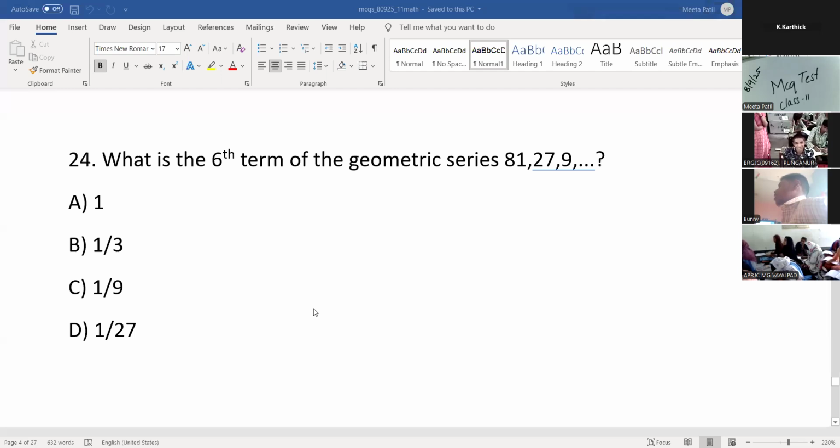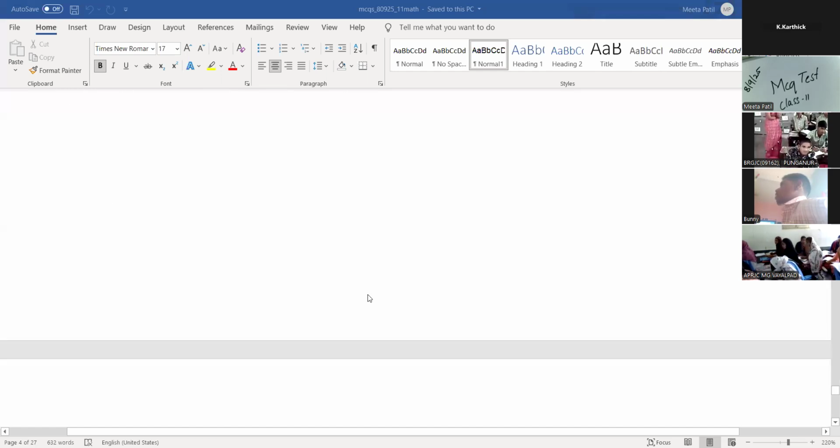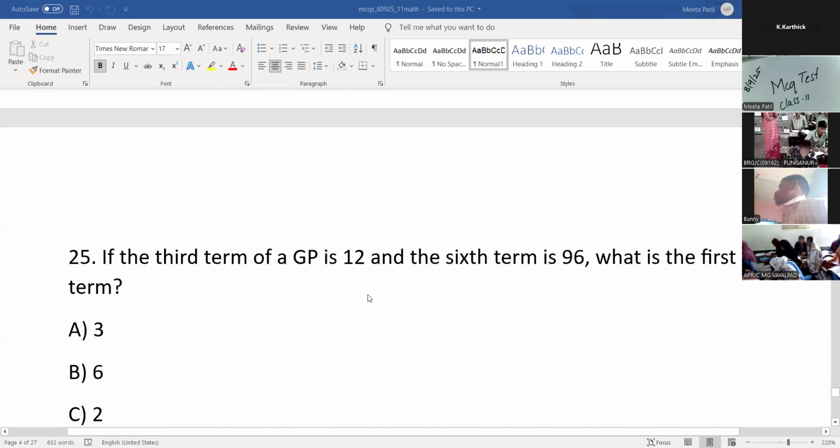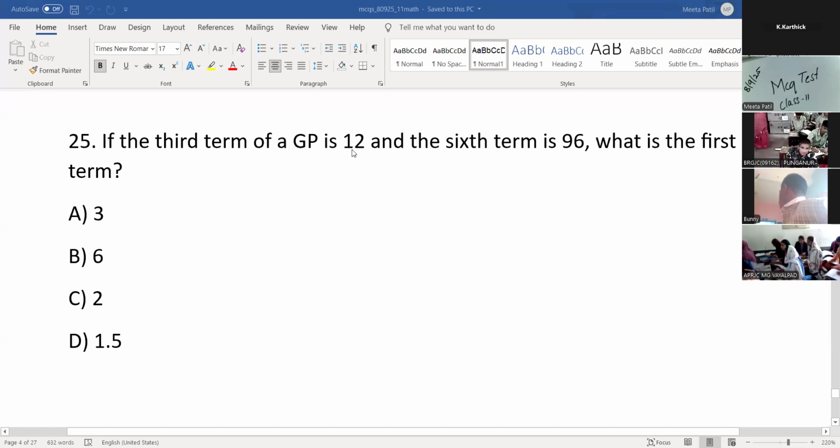Okay, so we will move to the last question now. That will be the 25th question. If the third term of a geometric progression is 12 and the sixth term is 96, what is the first term?